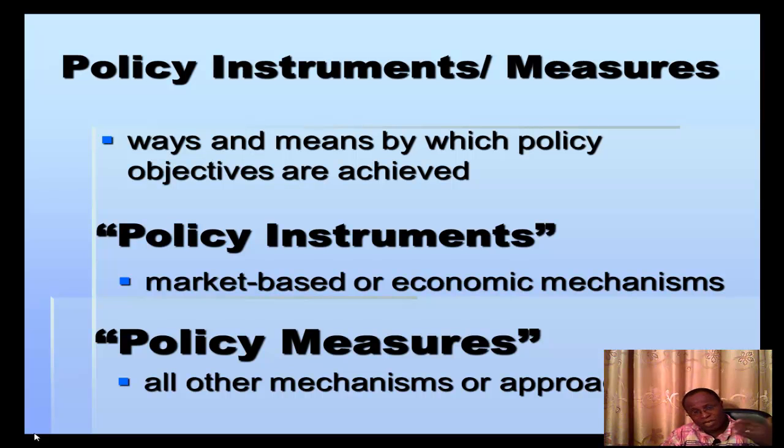So those kinds of objectives, what are the instruments by which you can achieve them? Energy policy instruments generally refer to the ways and means by which you can achieve energy policy objectives.